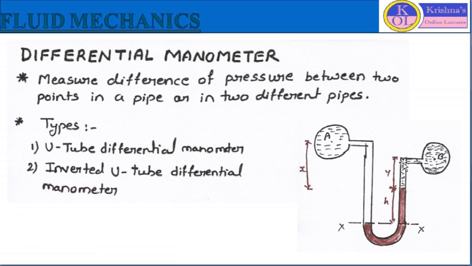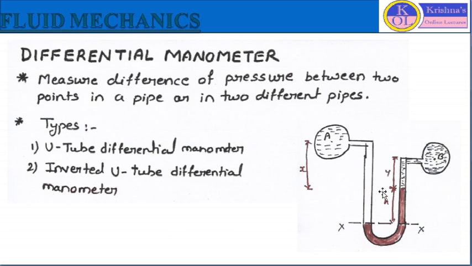As per this U-tube differential manometer, we can define its constructional details. It consists of a U-tube, and in this U-tube we generally consider a heavy liquid. This U-tube is filled with a heavy liquid like mercury, and there are two limbs of the U-tube, the left limb and the right limb.